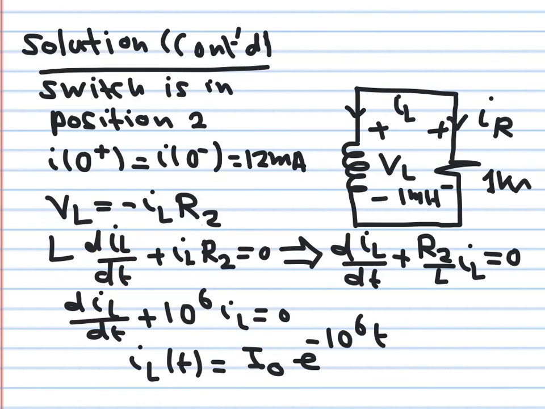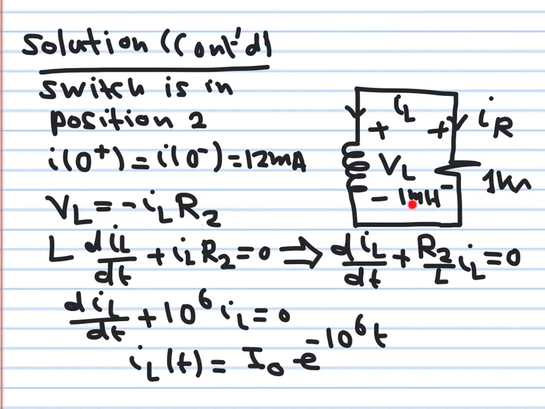You make the coefficient of dIL by dt equal to 1 by dividing by L. You obtain this expression. This is the same expression we started with: dx of t by dt plus a multiplying x of t is equal to 0. This is a homogeneous case where capital A is equal to 0. R2 over L will give you 10 to the power 6, because this is 1 kilohm and this is 1 millihenry.